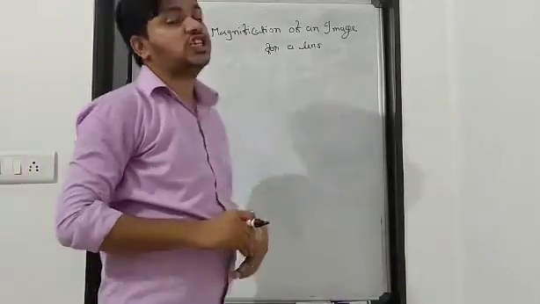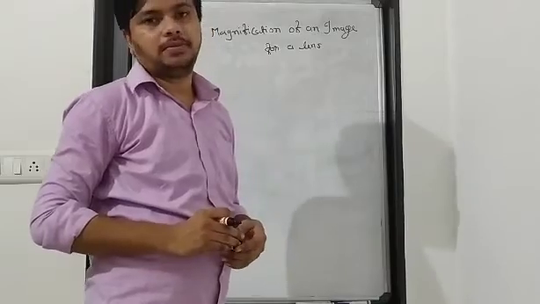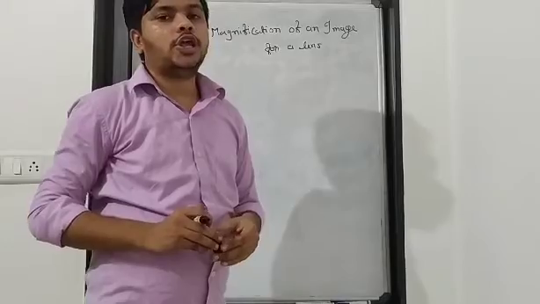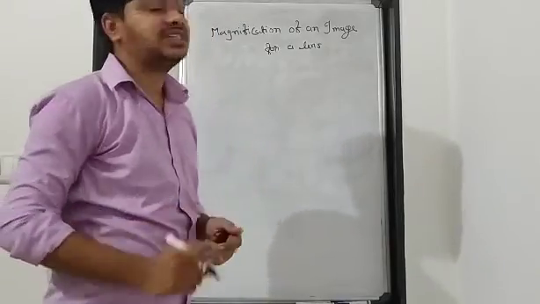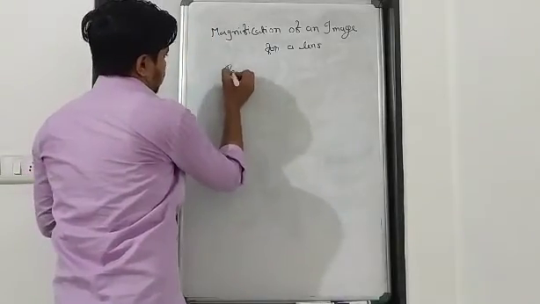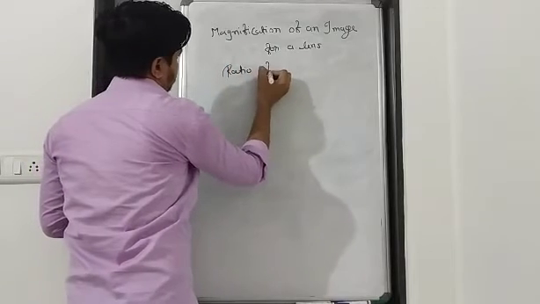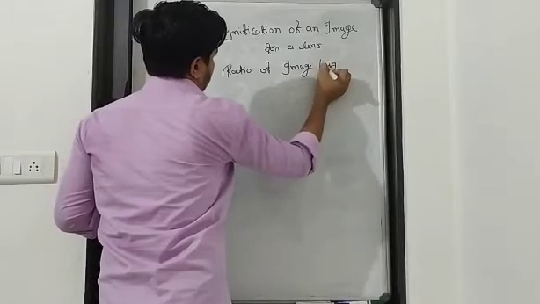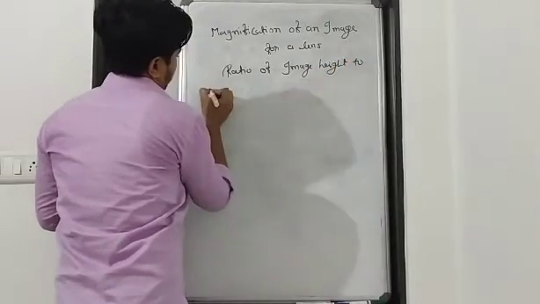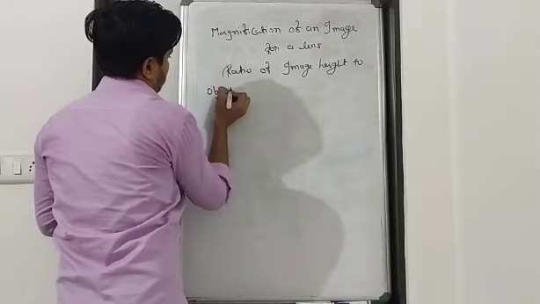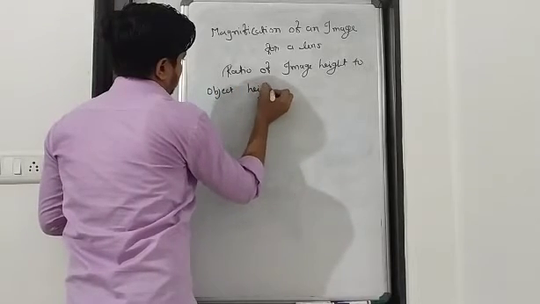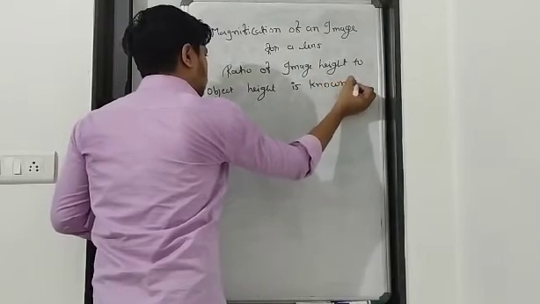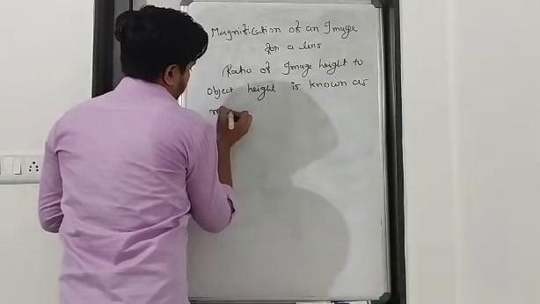So according to it, the definition of magnification of an image is: you take the ratio of image height to the object height, which is known as magnification. So the ratio of image height to object height is known as magnification of an image.